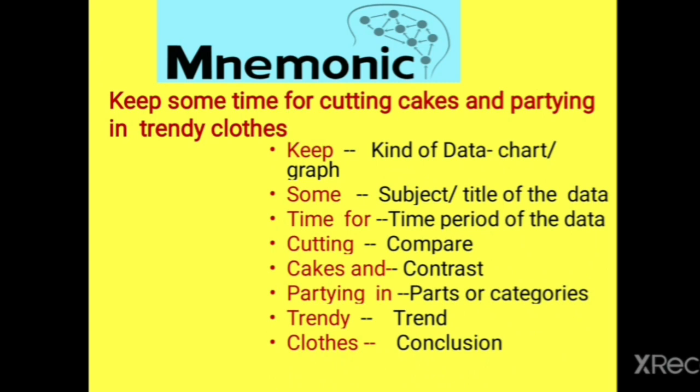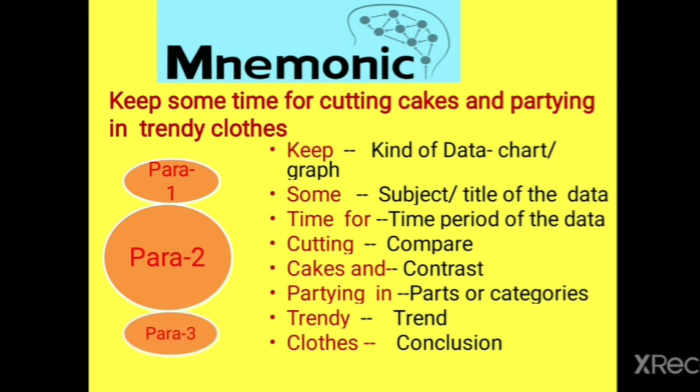In this one mnemonic, you can see that the entire analytical paragraph is covered. Just observe again. The first 3 will make your paragraph 1 and the comparison, contrast, parts and categories along with the trend will make your paragraph 2, which will be your largest paragraph, and conclusion will be your last paragraph.